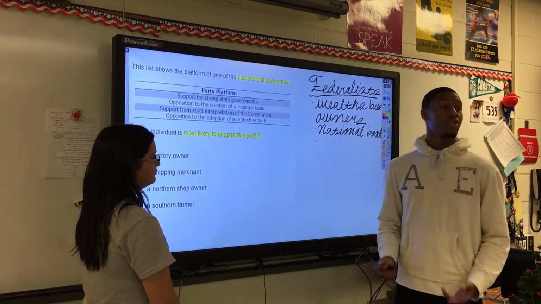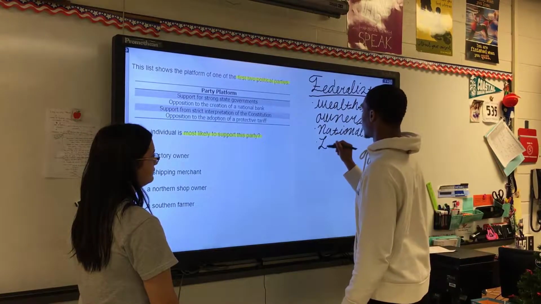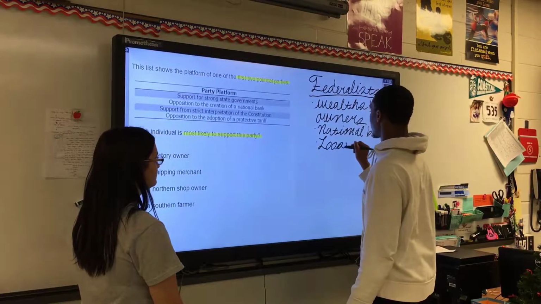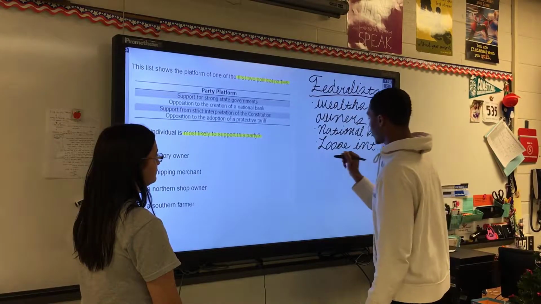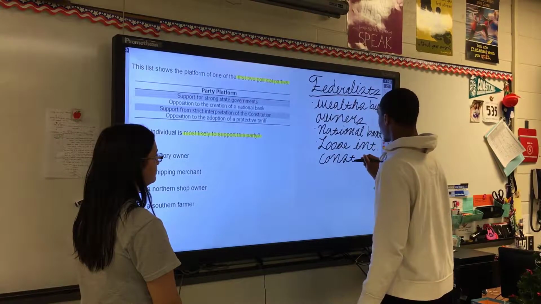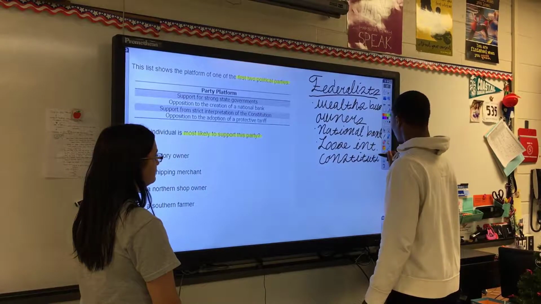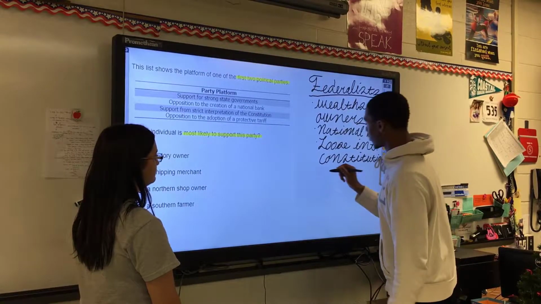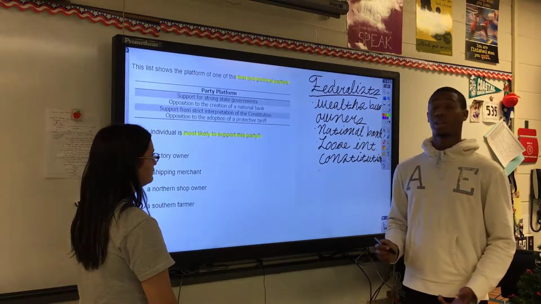The Federalist Party also supports loose interpretation of the Constitution. The Federalist Party also is in support of protective tariffs.